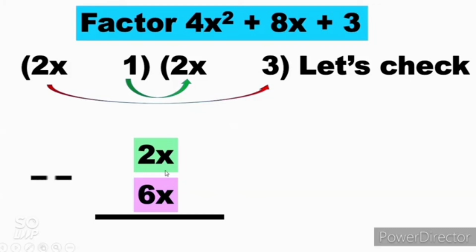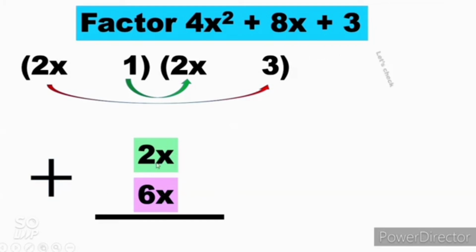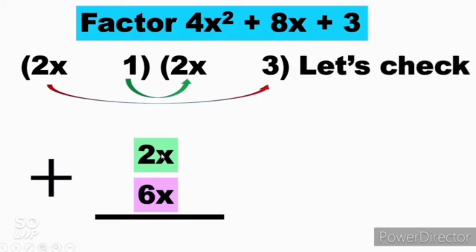And then, i-add natin yung dalawa, yung 2x at saka yung 6x. Pero wala siyang sign. Okay, check natin, dapat ang makuha nating sagot dyan ay kung ano yung middle term, which is positive 8x. Okay, so ano yung sign ng 2x at saka ng 6x para ang sagot natin dyan ay positive 8x. Okay, kung positive 2x at saka positive 6x, pag pinag-add natin, 8x.